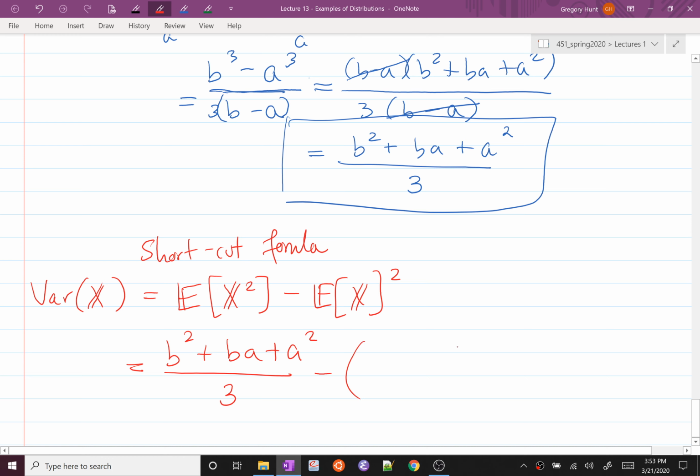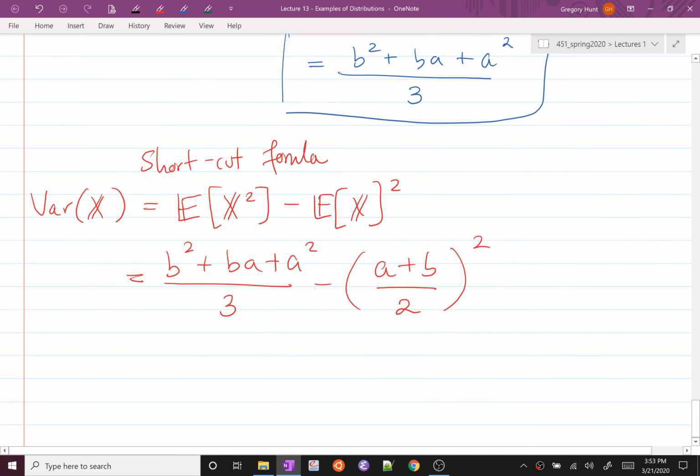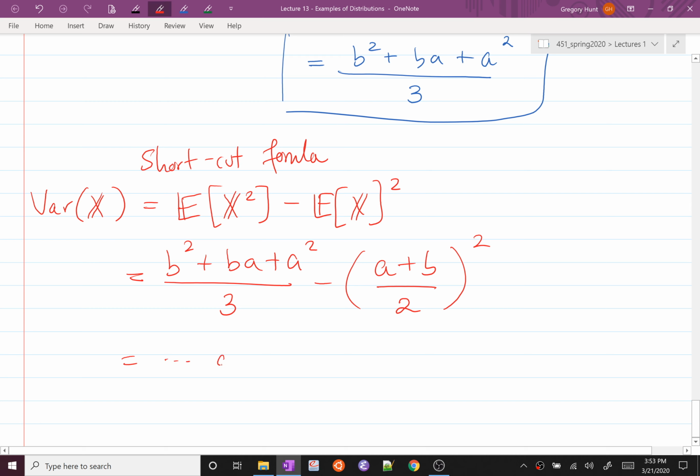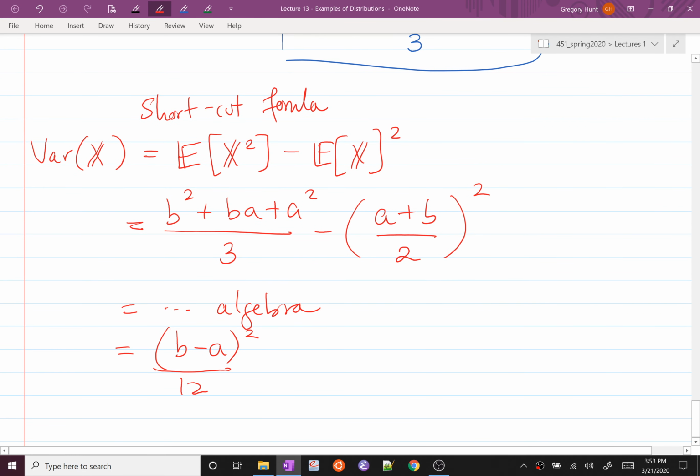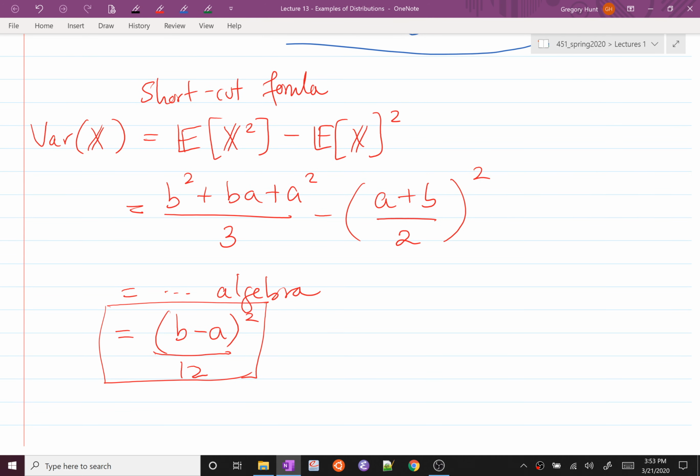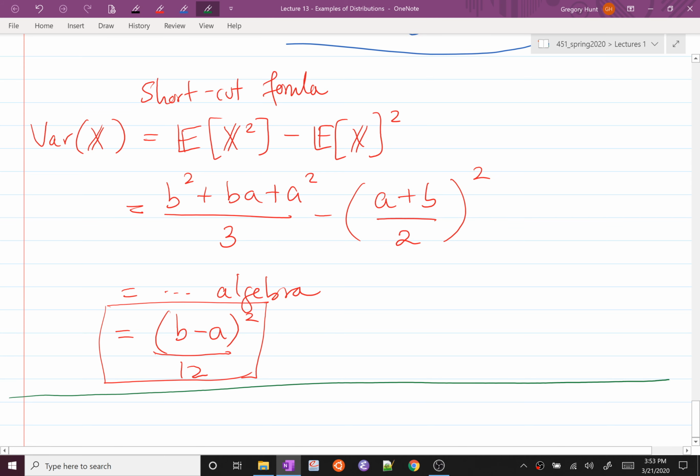Then we subtract the square of the expected value, which we said was a plus b over 2. Some algebra will give us the answer, b minus a squared over 12. That's just some algebra, so it's not too mysterious. For the 12 denominator, you can believe it, a common multiple of 3 and 4. Some of these formulas look similar from the discrete case to the continuous case. Not exactly the same, but there are some parallels.